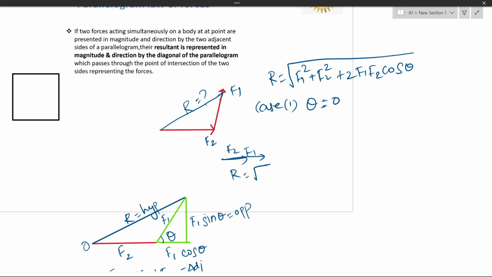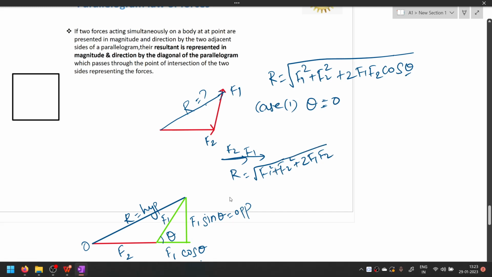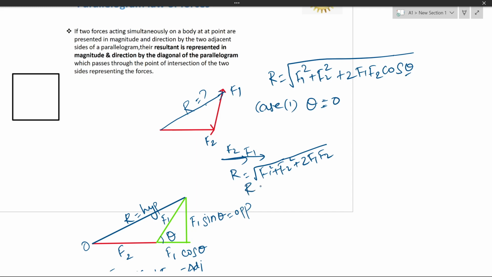If you apply 0 to theta, cos theta is equal to 1, so it becomes F1 square plus F2 square plus 2 F1 F2. Then it can be rewritten as F1 plus F2 the whole square inside the root. The root and the square cancel. So R is equal to F1 plus F2.